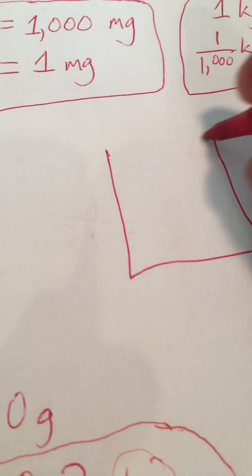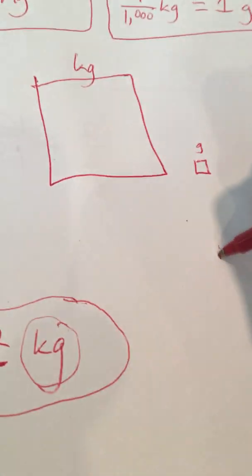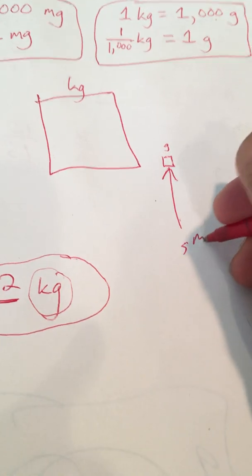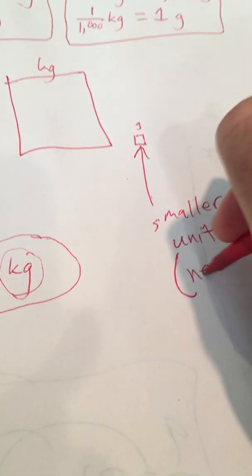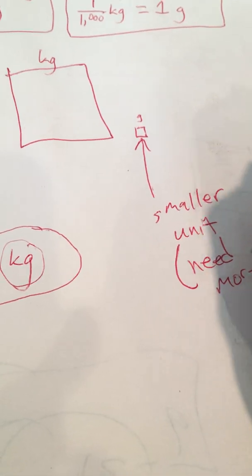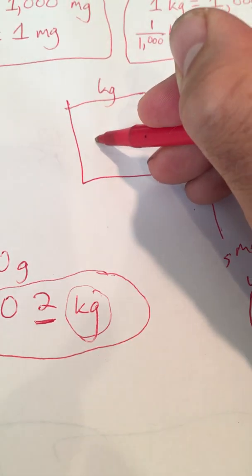If you had, say, this was a kilogram and this was a gram, right? This is a smaller unit. So for them to be equal, you're going to need more of them, right? You're going to need a lot more of these to equal one of these, right?